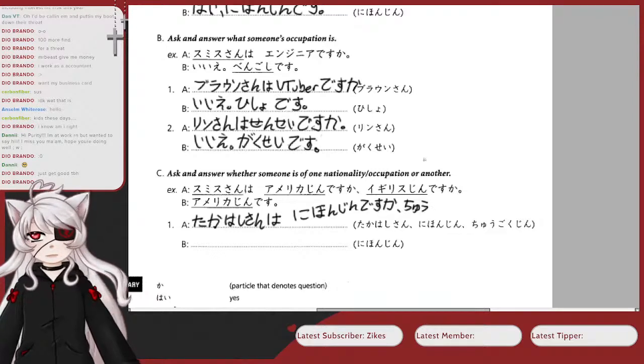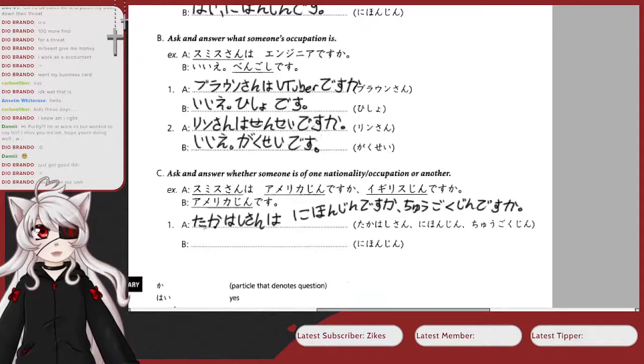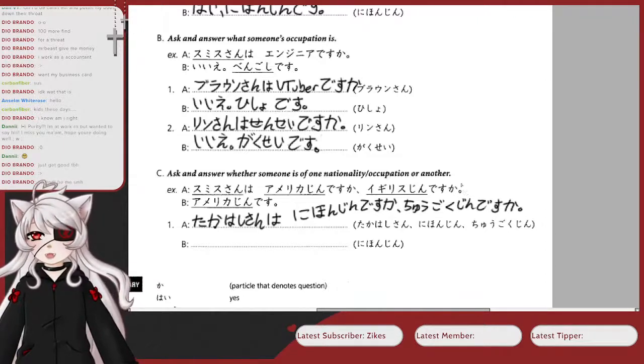Am I even gonna be able to fit this on this line? Chu. Ko. Jin desu. Yeah, we can fortunately fit it. Desu ka? So, Takahashi-san wa Nihonjin desu ka? Chugokujin desu ka? This is such a mess.